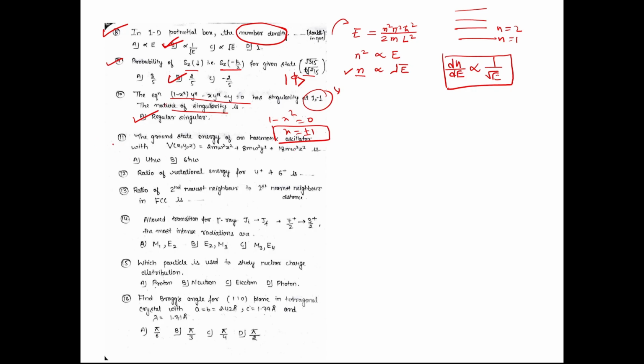So next, question number 11. A harmonic oscillator, and it is anisotropic. So V of x is given this way.